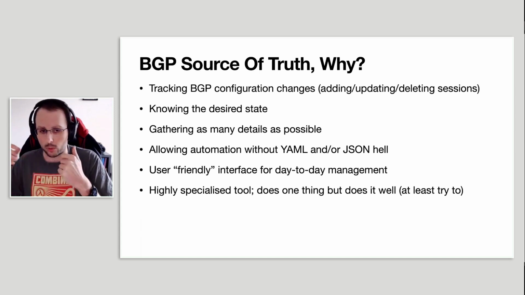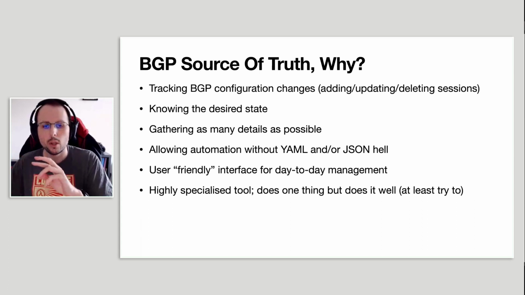The idea also is to have as many details as possible, so a peering session can have an autonomous system, the IPs, the policies assigned to it, and the communities assigned to it. And all of this without having to write complex or long YAML or JSON files that you have to parse after that.